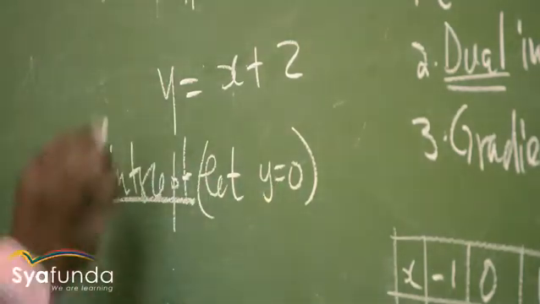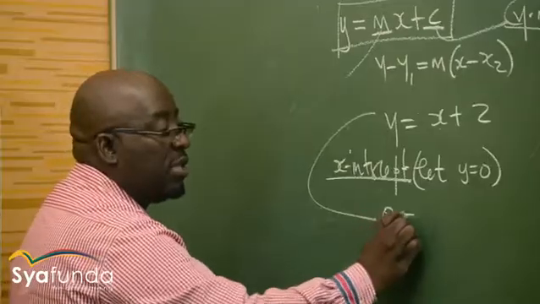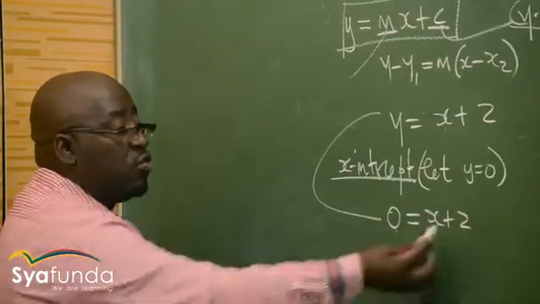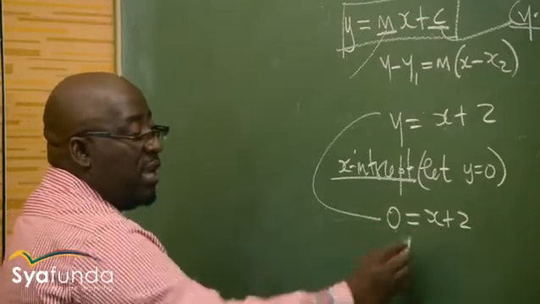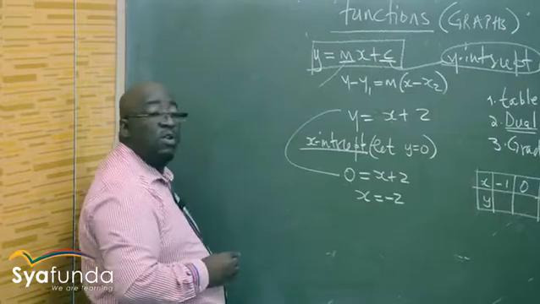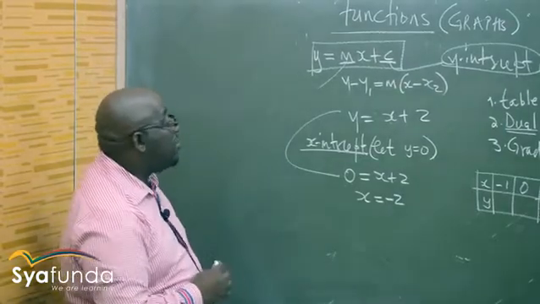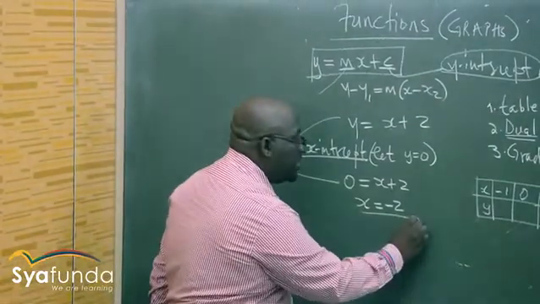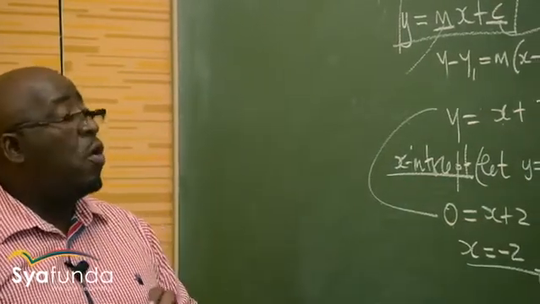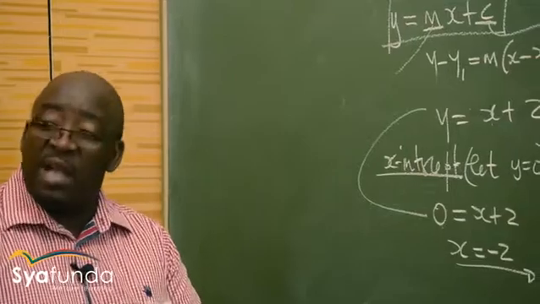So this would be 0 = x + 2. Remember, we're looking for X. So the 2 has got to come to this side. So x = -2. So that is the value of the X-intercept. Let us now find the Y-intercept. We do have the X-intercept. Remember, we only need 2 points to sketch the straight line graph: the Y-intercept and the X-intercept.